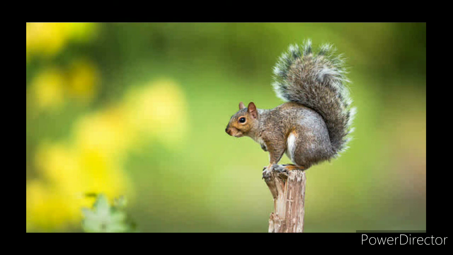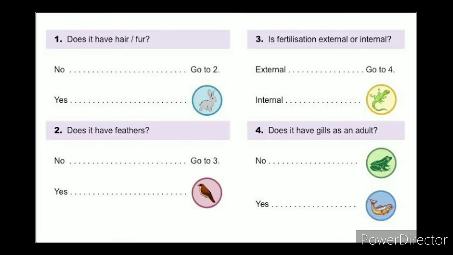Carefully study all the features, all the characteristics represented in this animal. Identify them using the dichotomous key. Here I have given the dichotomous key that is to be used for identifying all these three examples.